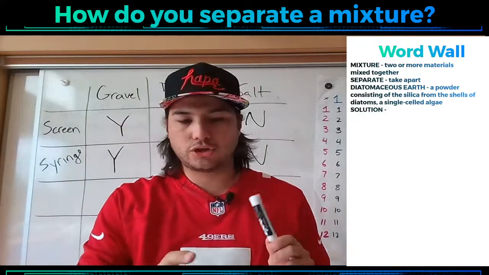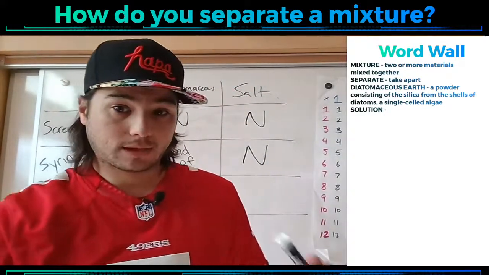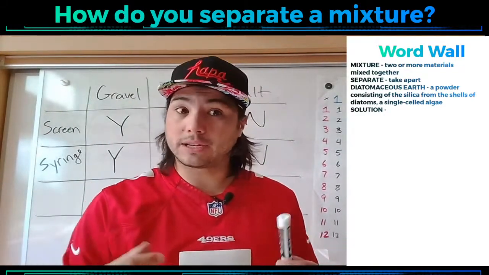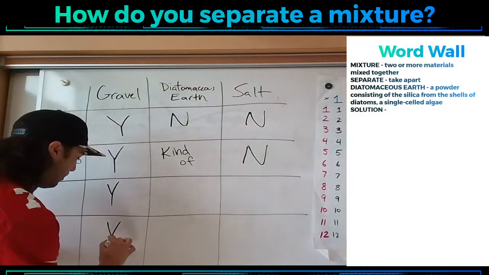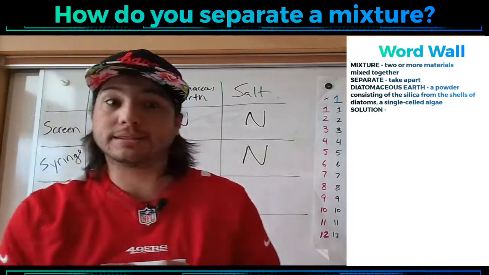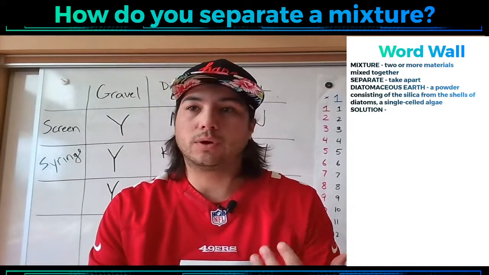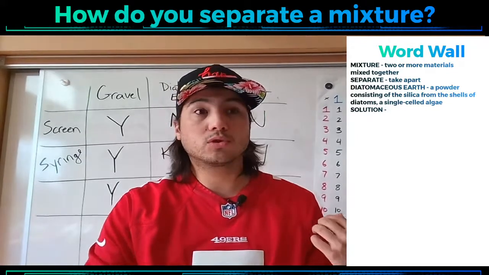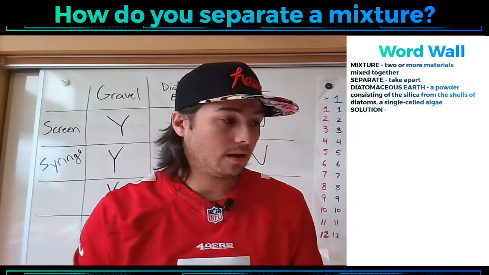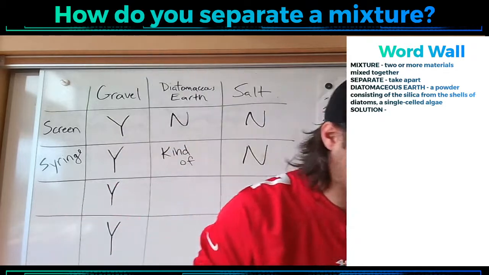The last two ideas we had, okay, and for the sake of time, I'm going to tell you these are yes for gravel as well, are two different kinds of filters. A lot of scientists talked about wanting some sort of filter to filter things out, okay? There are two kinds that we're going to test today.